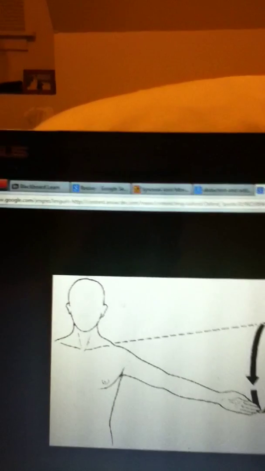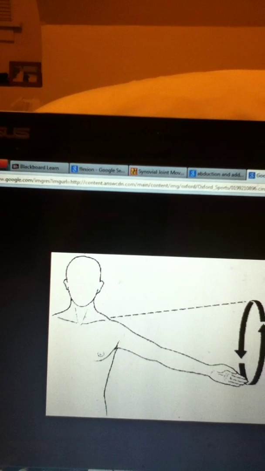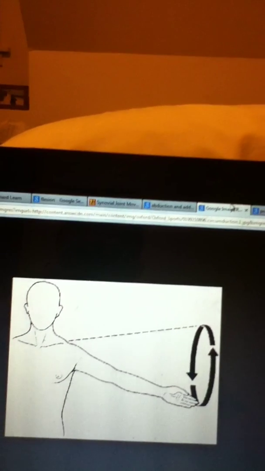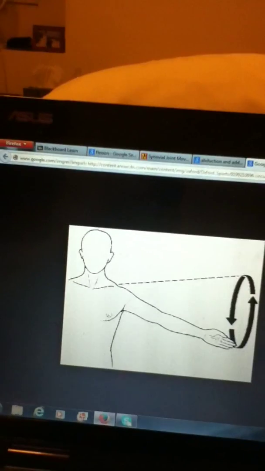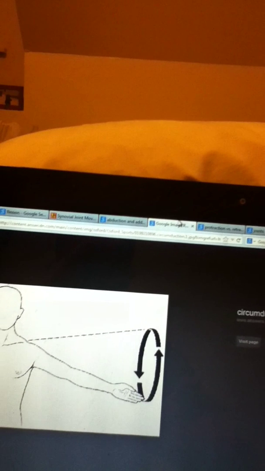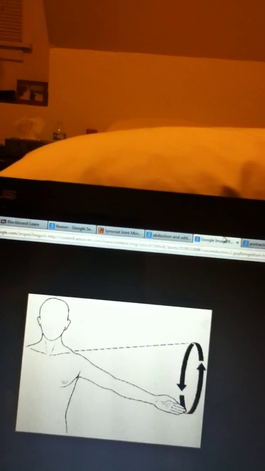First example of this is supination and pronation. And supination, which means turning backwards, refers to the movement of the radius around the ulna. So rotating the forearm laterally so that the palm faces front or back is supination.